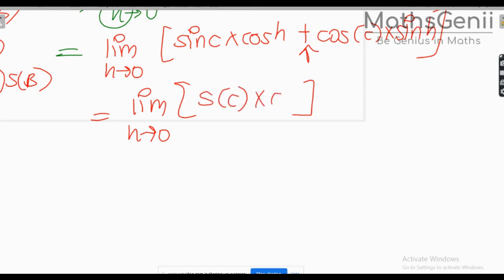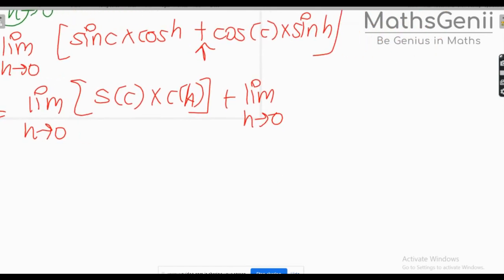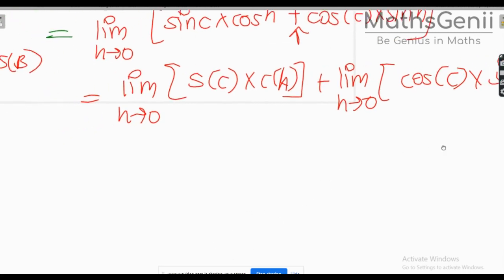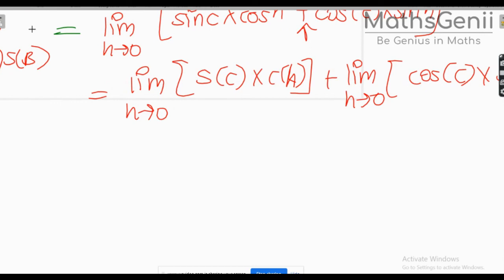Quickly breaking the limit between these two. Sine c into cos h. You have to write this in full form in the exam. Okay. Limit h tends to 0, cos c into sine h. Okay. So now in place of h, you have to substitute 0 in order to remove the limit, correct?